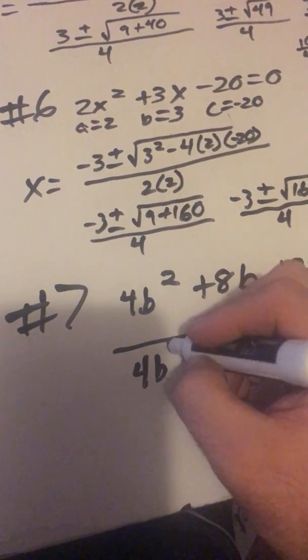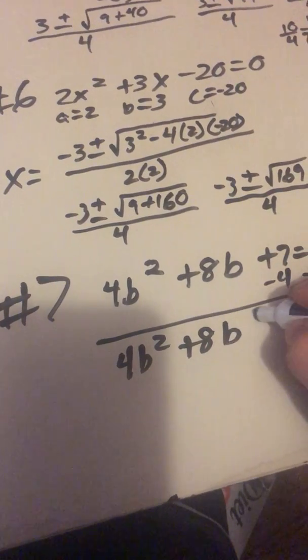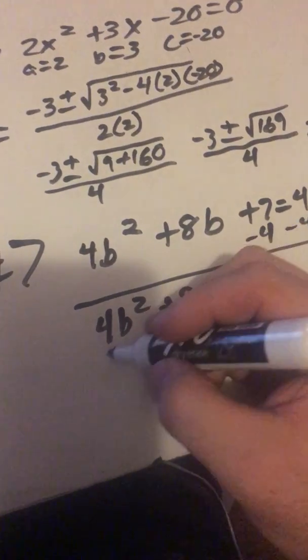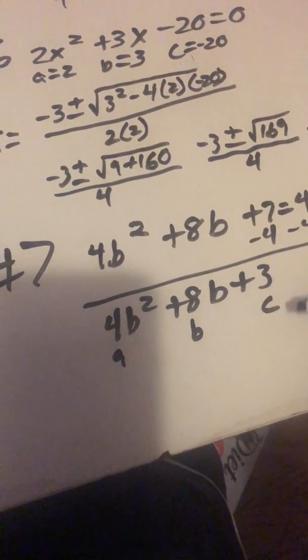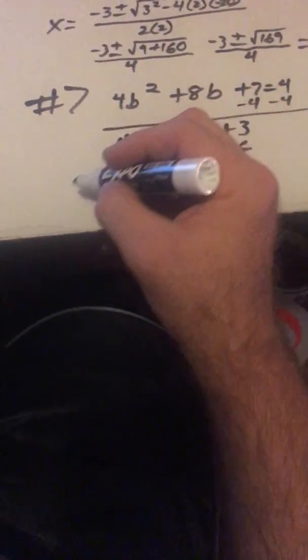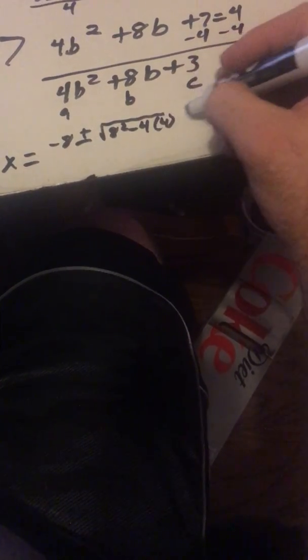So now I have 4b squared plus 8b plus 7 minus 4 is 3. Now I still have a, b, and c. So we have x is equal to negative b plus or minus square root of b squared minus 4 times 4 times 3, all over 2 times 4 is 8.